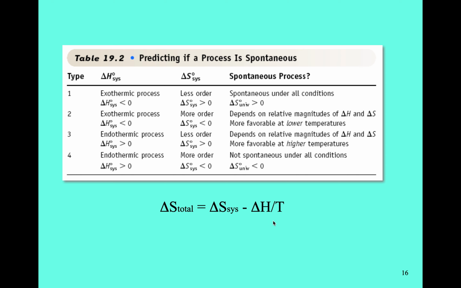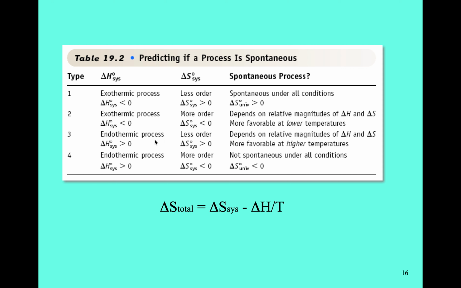Okay, to make this term more positive, we could use a lower temperature, because mathematically, if the temperature number is smaller, this term gets bigger. So you often find that for exothermic processes where delta S system is negative, the process tends to be spontaneous at lower temperatures, because mathematically this term becomes more important, more significant.